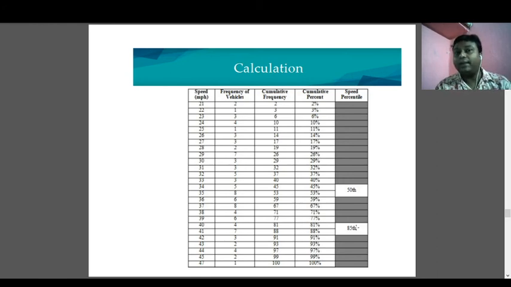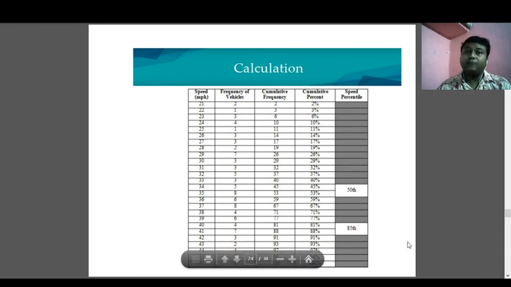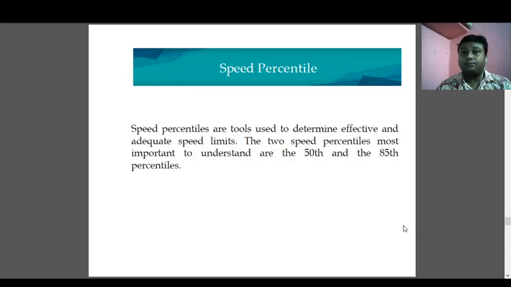So it is very accurate, but in practical sense it is very tough to get the 98 percentile speed. So most of the time we go for the 85th percentile speed. However, obtaining even the 85th percentile speed is challenging in real-life problems.